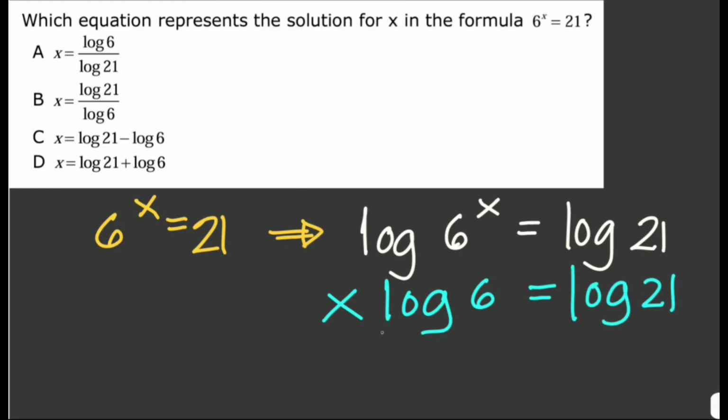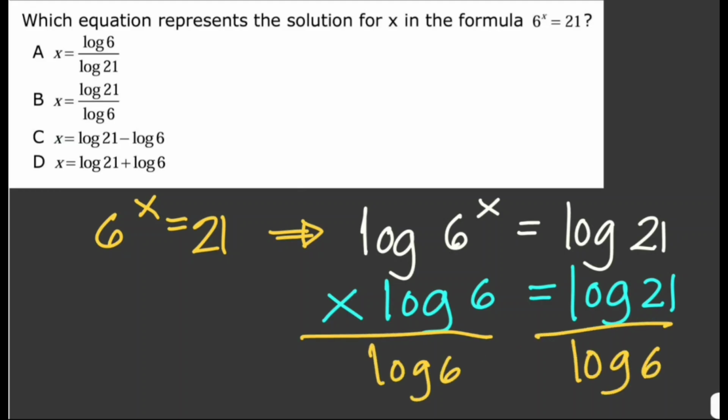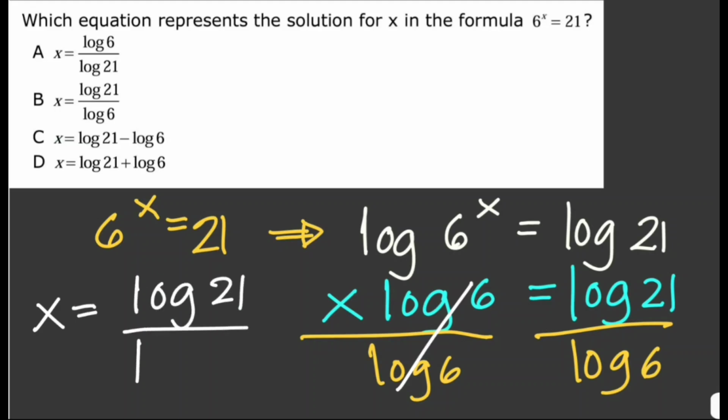And then we divide both sides by logarithm of 6. This cancels out. Now we have the value of x, which is the logarithm of 21 over logarithm of 6. Therefore, the answer here is letter B.